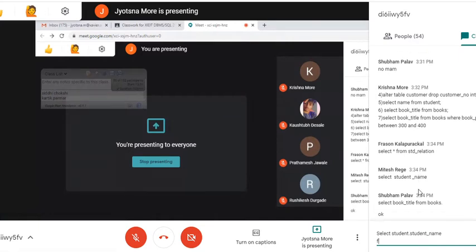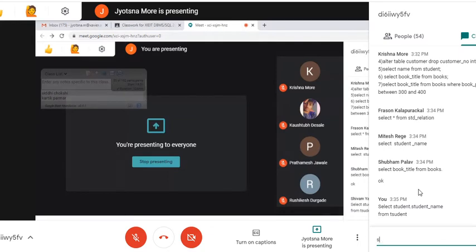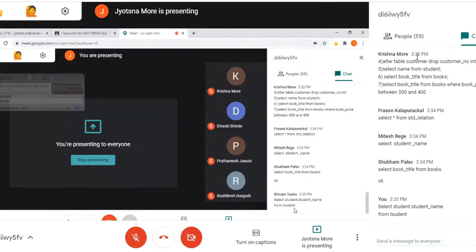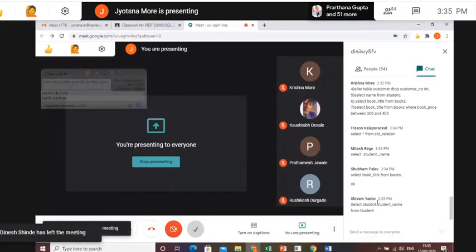Select the names of all students in the student relation. So do I need to use the keyword all over here? Select student dot student name from student. It is okay, but why do you require student dot student name? Why do you require the table name here?